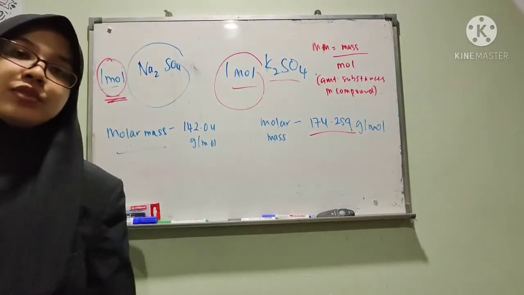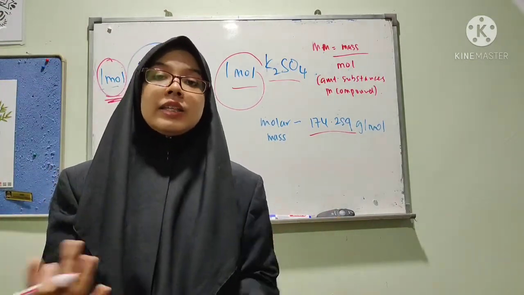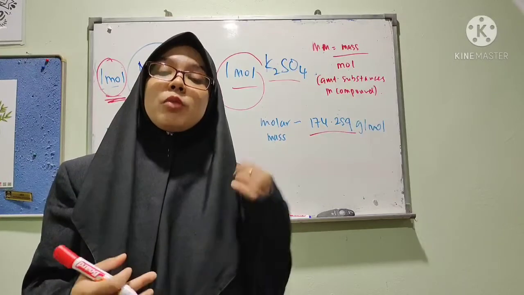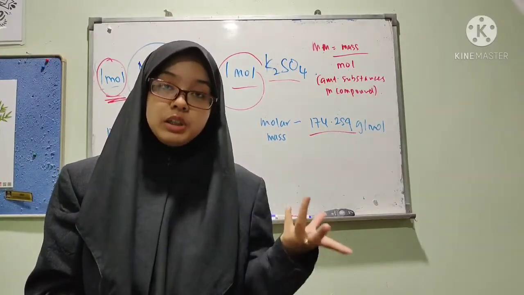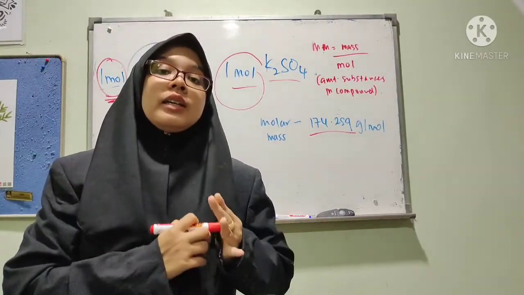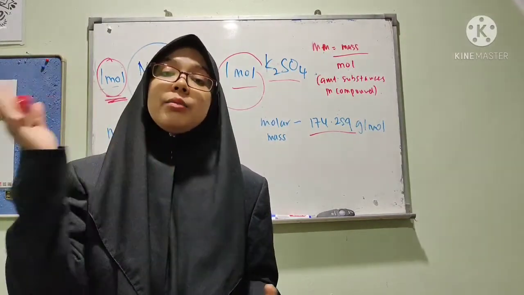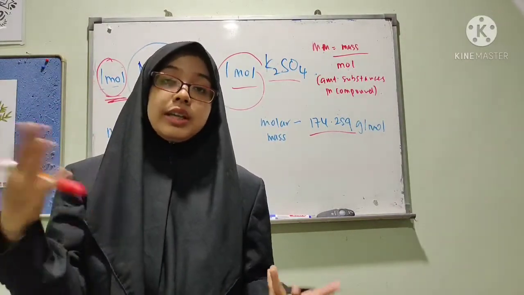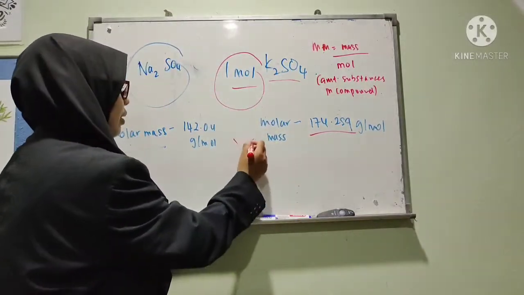So the first misconception is about the mole concept. Based on the articles that I have read, mostly students are confused about the number of molecules and also the molar mass. Why? They think that the higher the molar mass of the substance, the bigger the molecule is. This is absolutely incorrect.